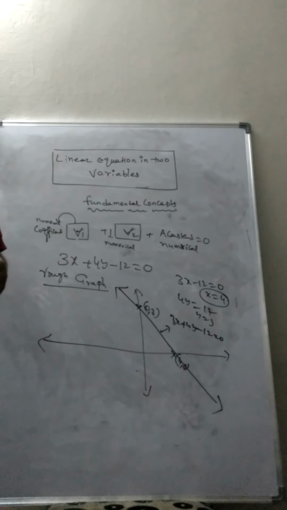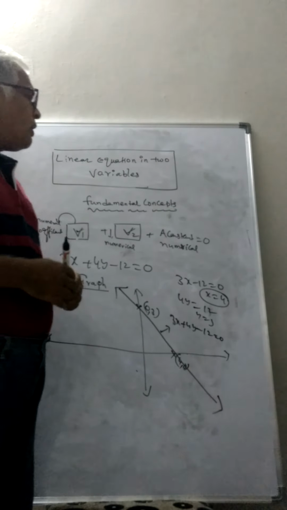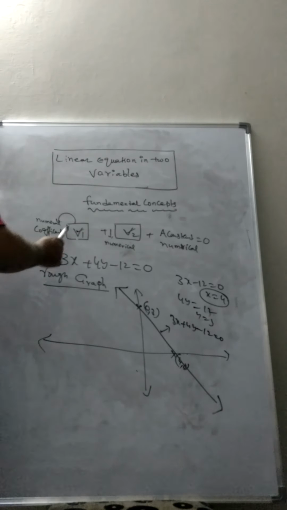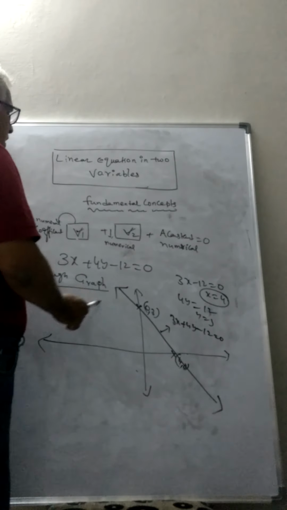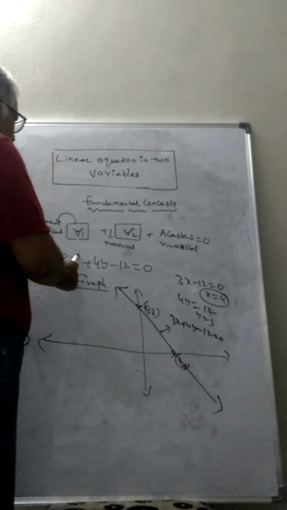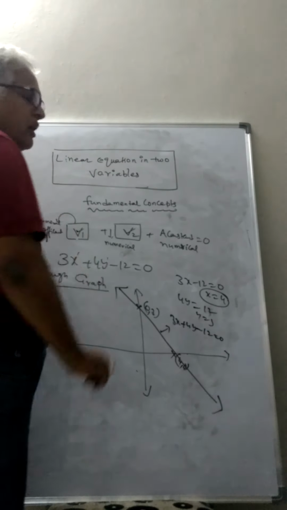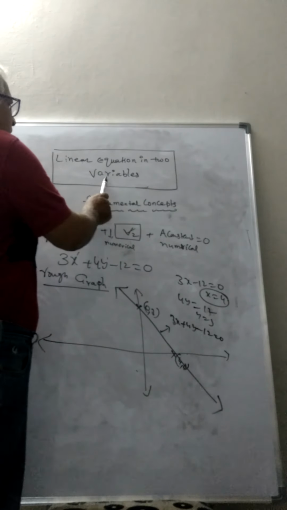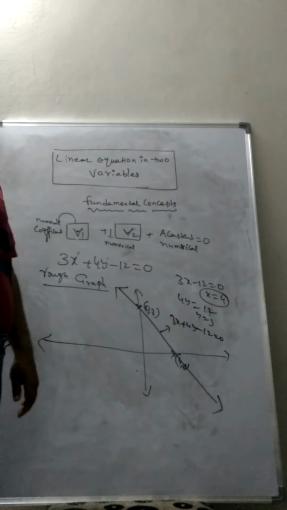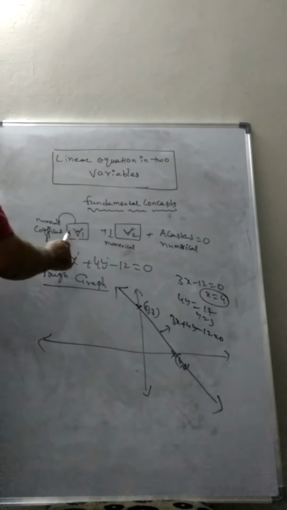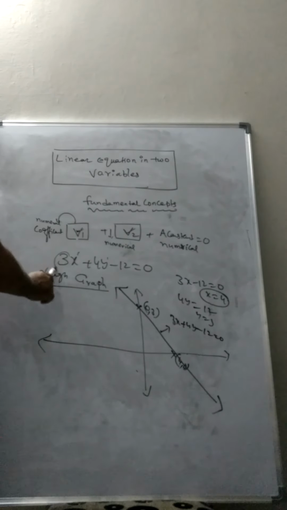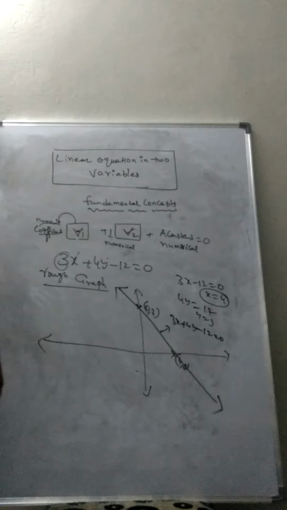In this very short video, what have we explored? Linear equation means the degree of the terms will be 1. Two variables will be there. Other than the variable, the numerical part is known as the numerical coefficient.